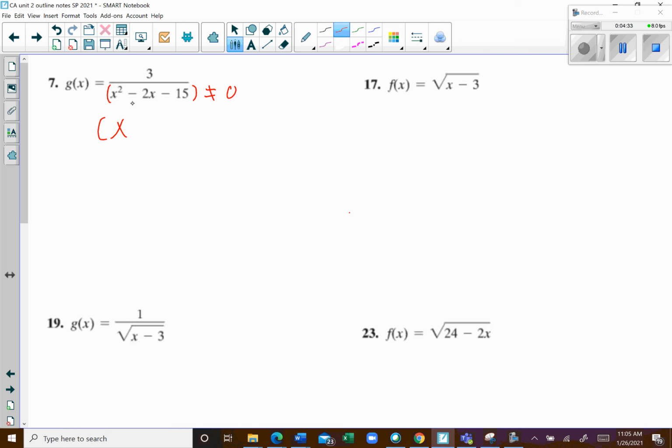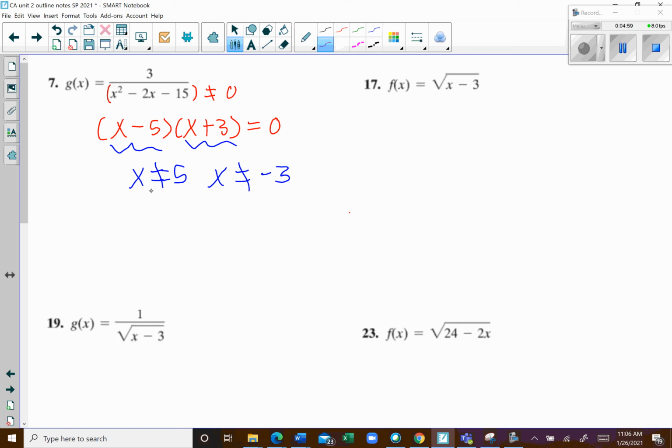This would factor into (x - 5)(x + 3). And so for the 2 restricted values, set these equal to 0 and solve. I don't have a lot of room, so I'm just going to put x cannot equal 5, because if you let it equal 5, it would cause the denominator to equal 0. And also x cannot equal negative 3.